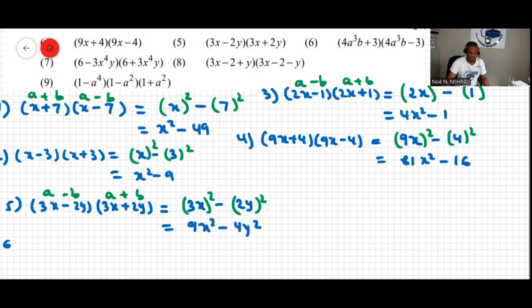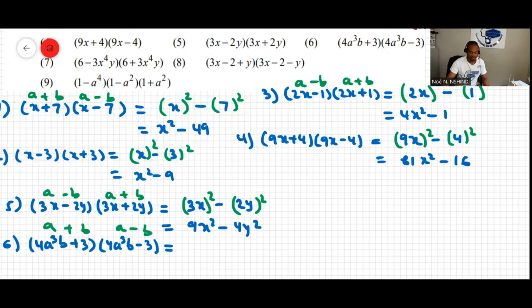Question 6, we have 4a cubed b plus 3, and then 4a cubed b minus 3. Then same thing, all this is a and b is 3, and then all this is a and that's also b.